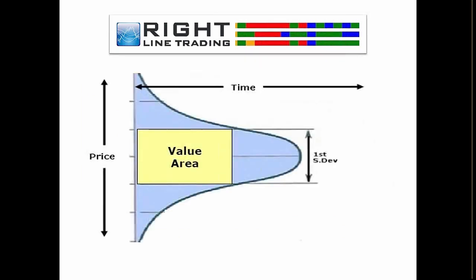Now, I want to talk a bit about volume. It's very important to leverage volume in your trading. And we use market profile. It's a very different kind of market profile, but it's really based on fundamental math. This is the normal distribution of any set of data.